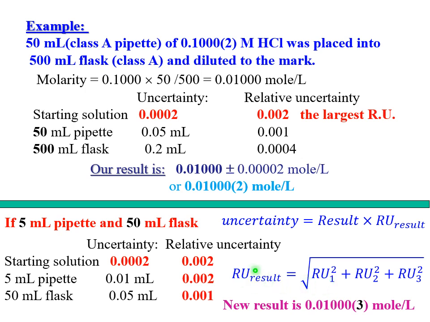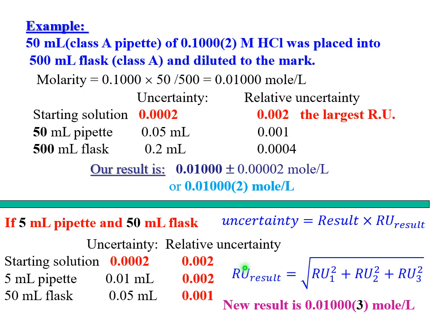So total relative uncertainty of our result will be relative uncertainty 1 squared, then relative uncertainty 2 squared, and relative uncertainty 3 squared. So 2 squared 4, 2 squared 4, and 1. It will have 9. Square root of 9 is 3.